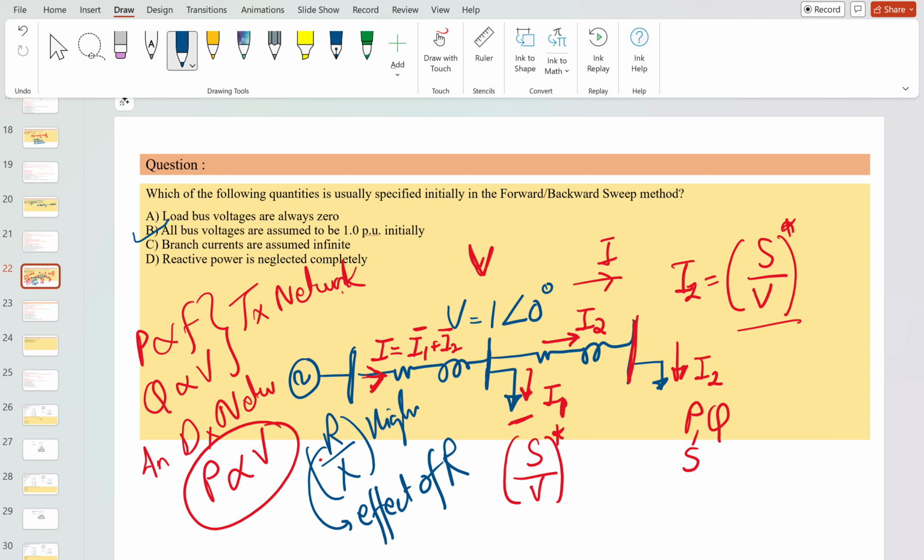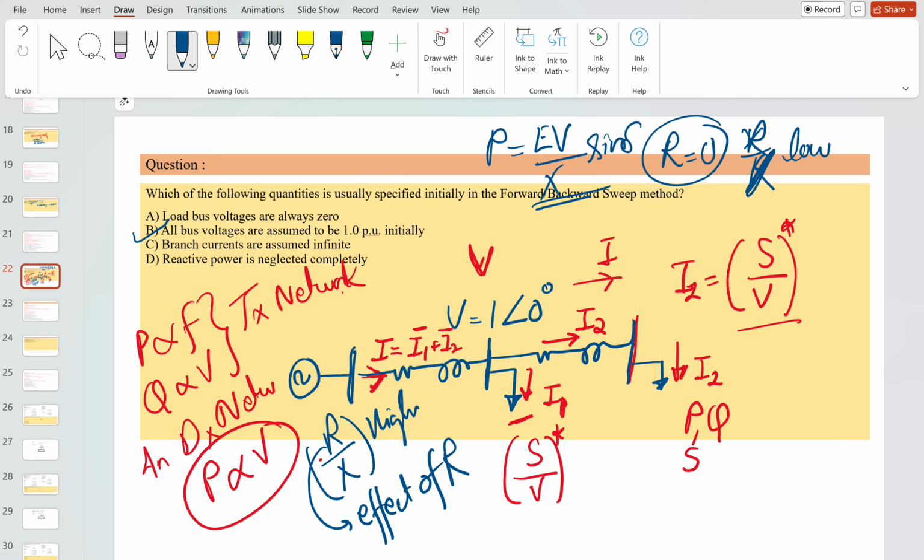Remember the equation: power is equal to EV by X sine delta. Here we have neglected R to 0 because the X by R ratio is high, R by X ratio is low. But when the R by X ratio is high, we cannot neglect R. That's why there is also coupling between power and V. This is very important, you should always remember.